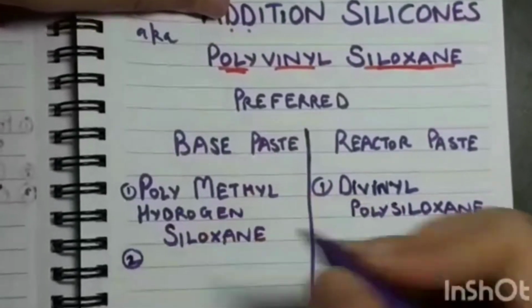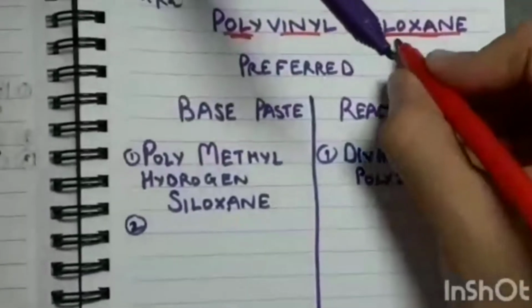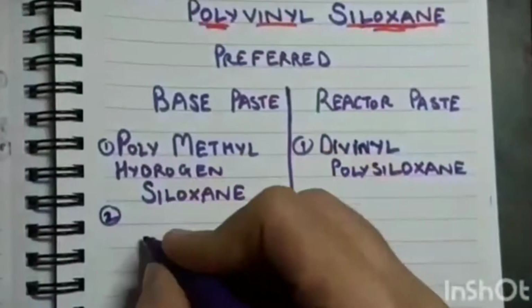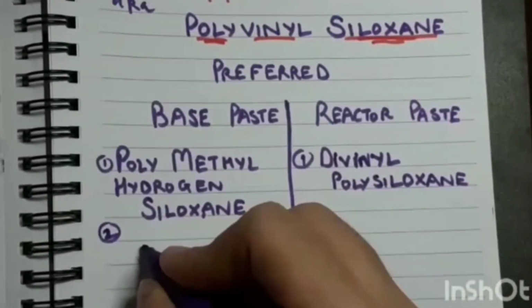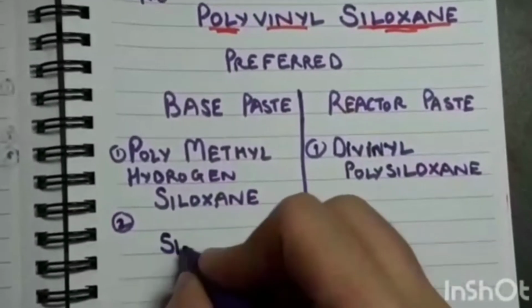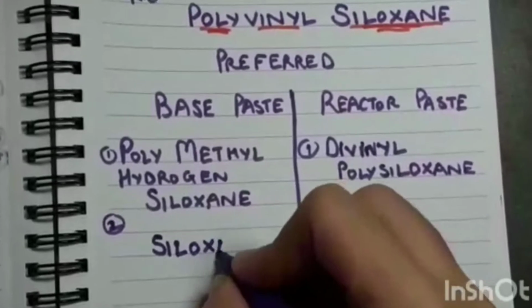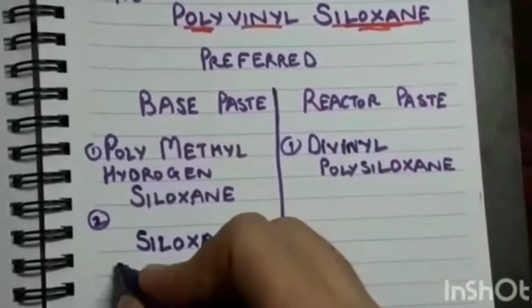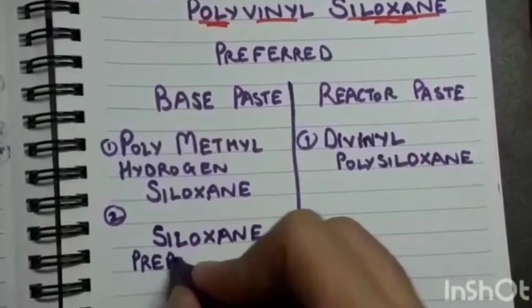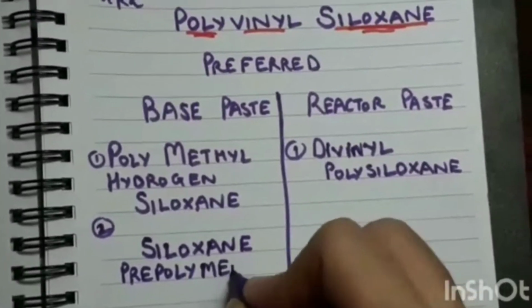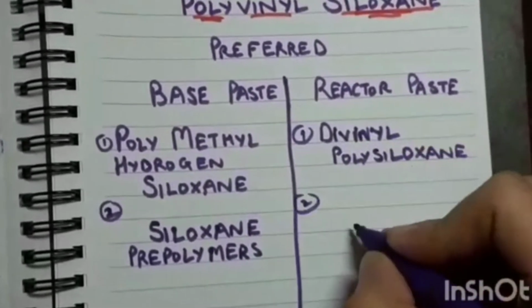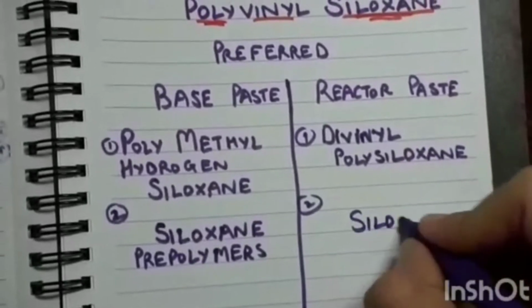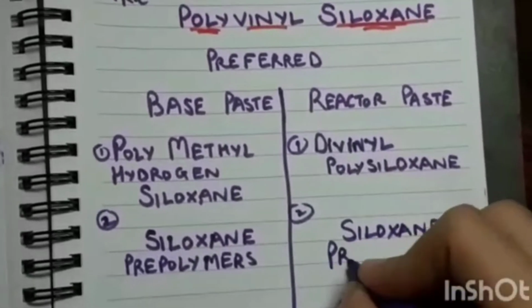Now the second one in base paste is, we'll take the word siloxane, and as it has some pre-polymers also, so siloxane pre-polymers, which get converted into polymers. Now as the name addition silicon implies, we add the same ingredient in reactor paste also, that is siloxane pre-polymers.